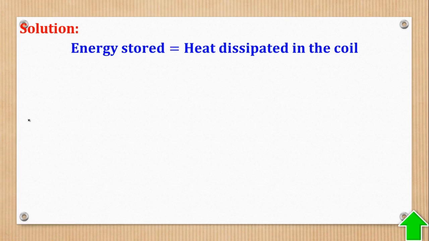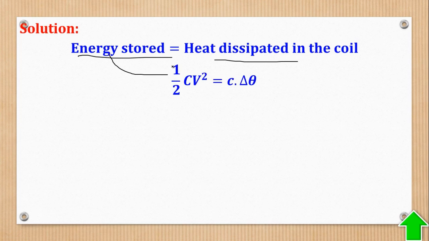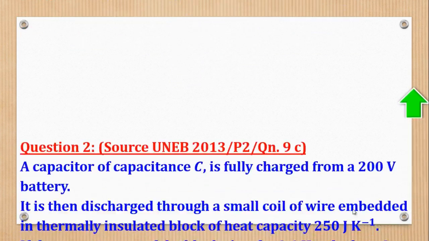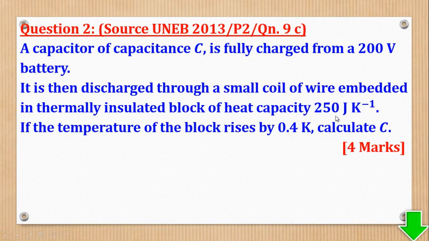So here we shall know that energy stored will be equal to the heat dissipated in the coil during discharge. Therefore, the formula for energy stored in a capacitor is given by a half CV squared. And for the heat dissipated, we shall use heat capacity, because the question gave you joules per Kelvin, that is heat capacity.